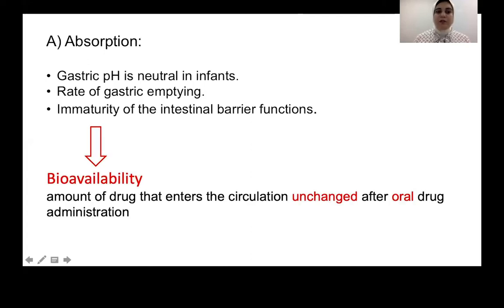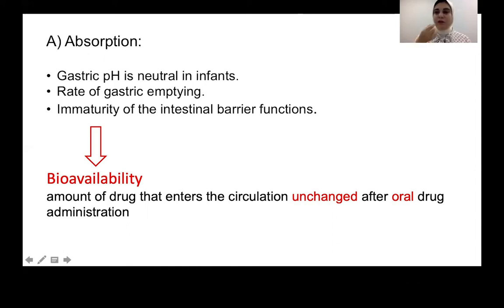An important terminology I want you to know is called bioavailability. Bioavailability is the amount of drug that enters the circulation unchanged after oral drug administration. It is always less than 1.